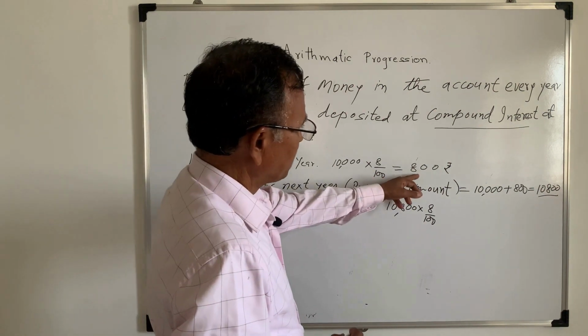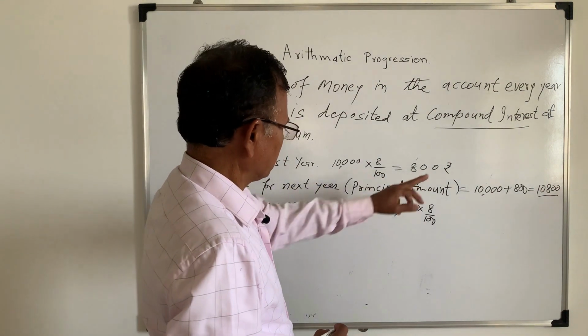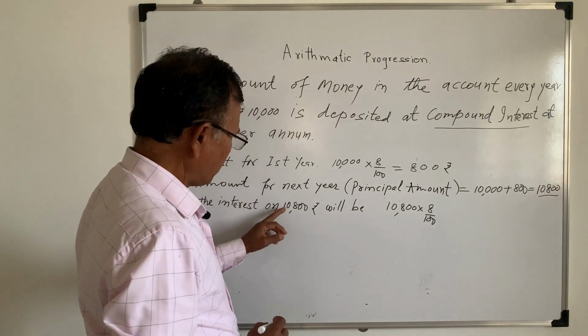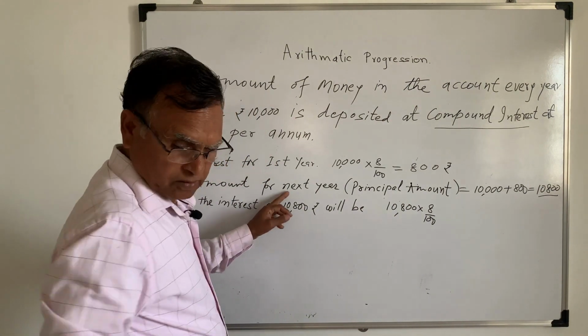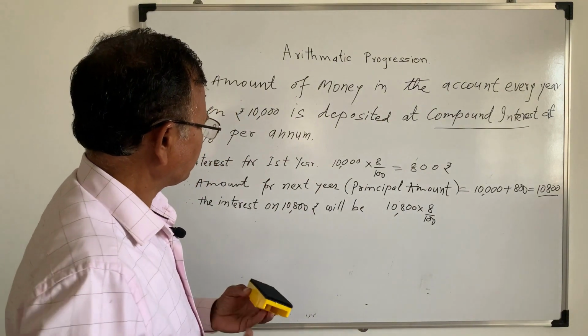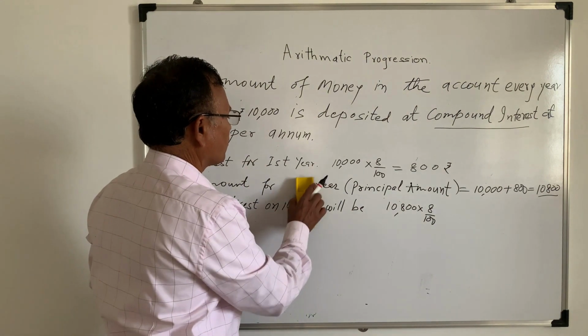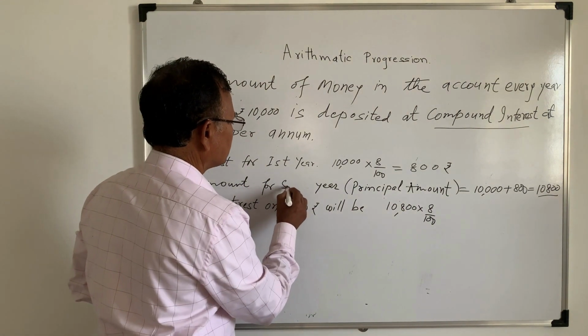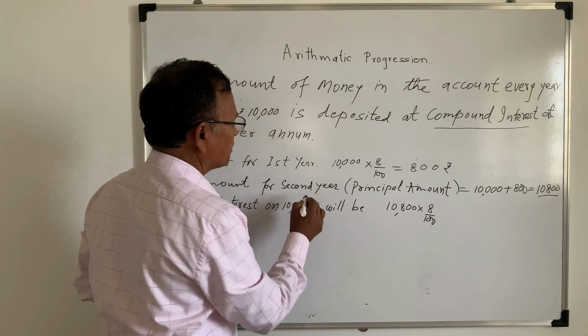This 800 was for the end of the first year, and this will be for the end of the second year.